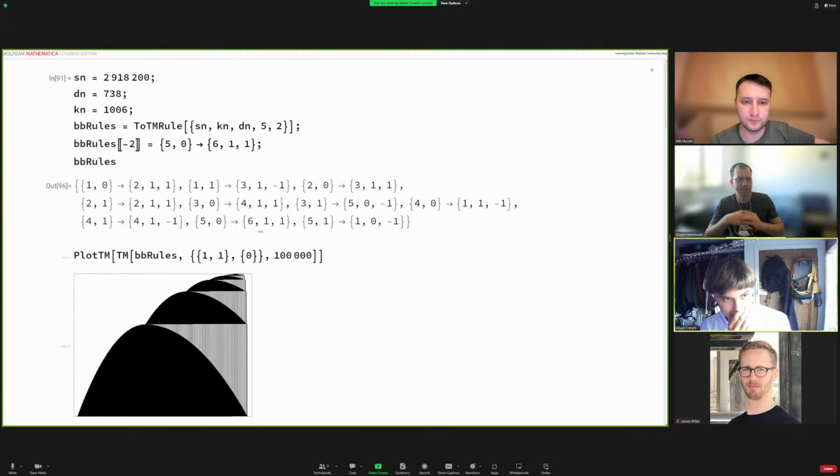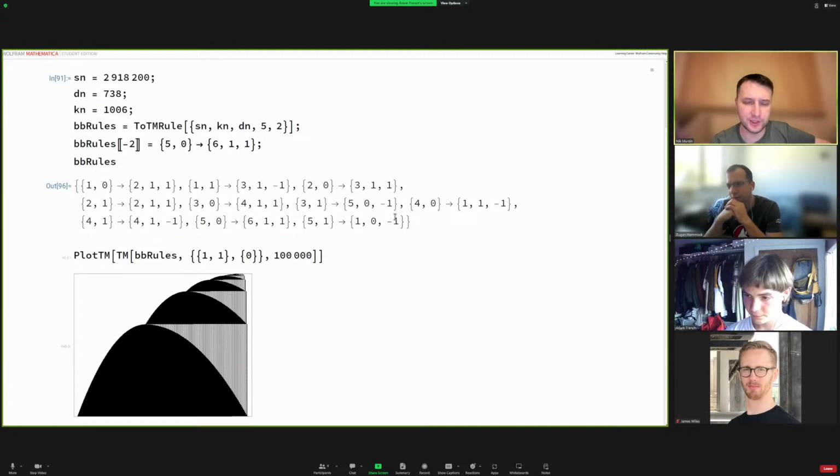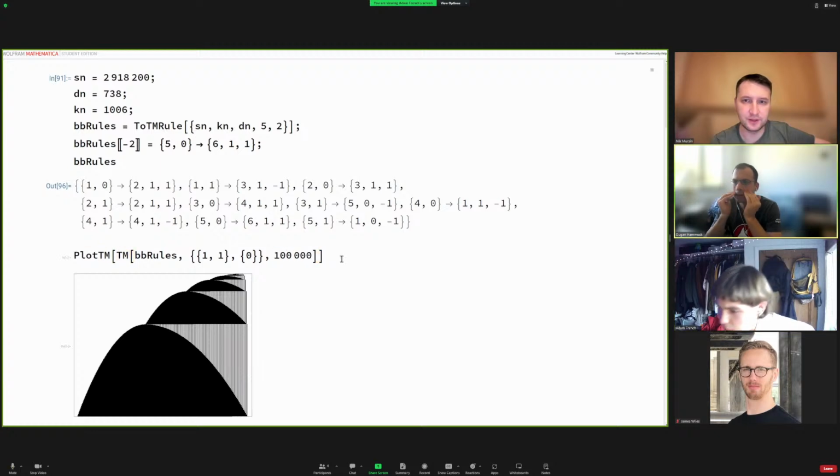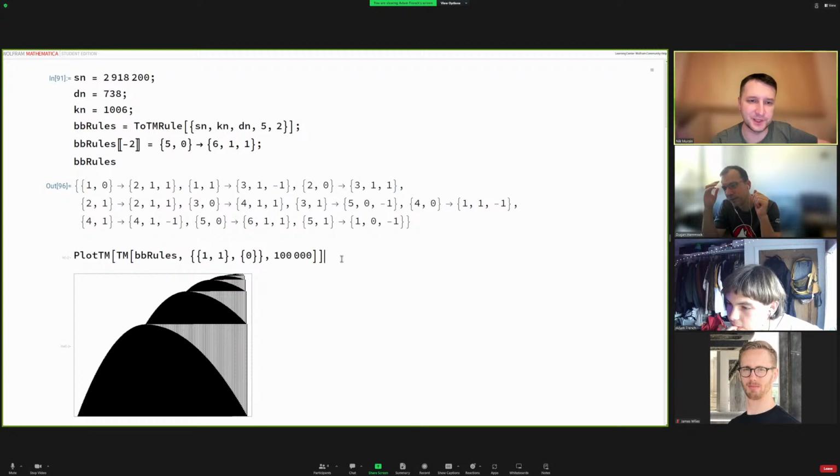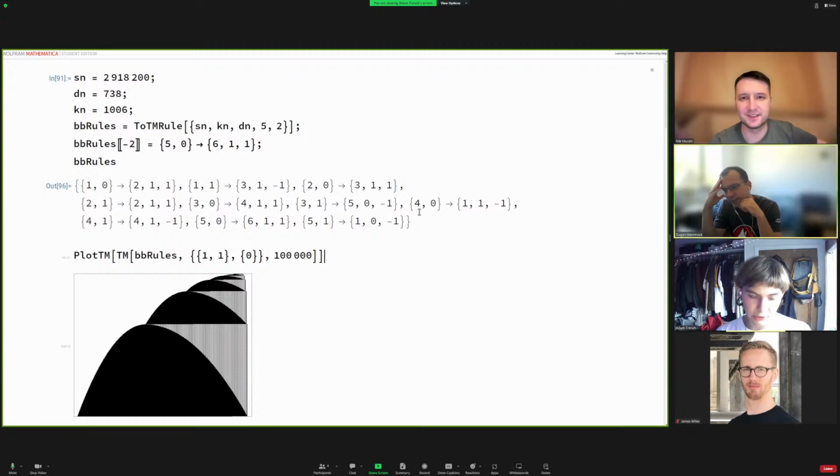Is it already terminating? How large is it? For this Busy Beaver, it's 47 million, I think. Oh, you mean how many steps this particular one takes to halt? I thought it was like 17 million or something like that, and it wrote like 4,000.